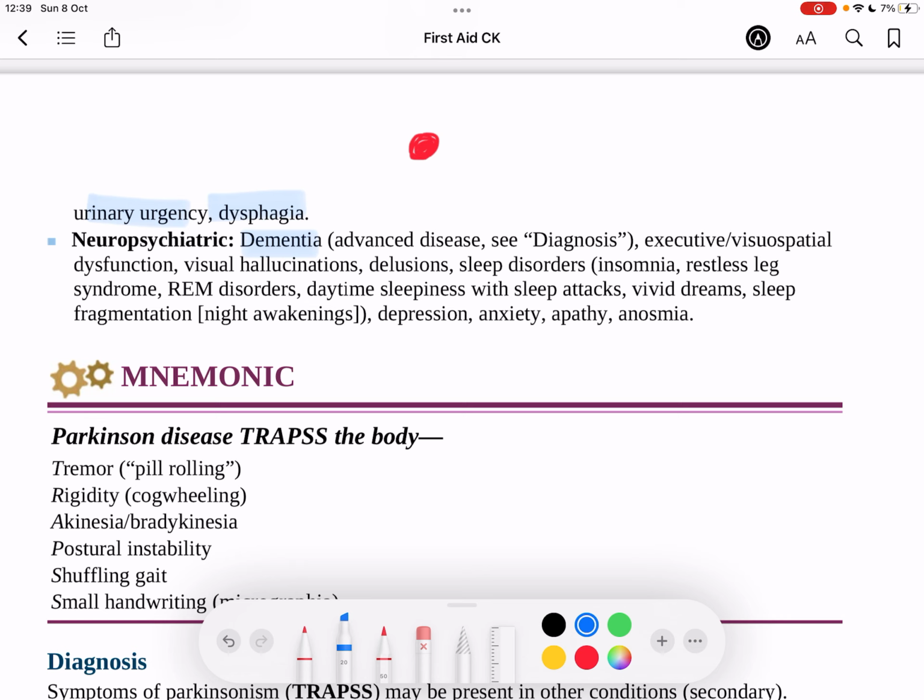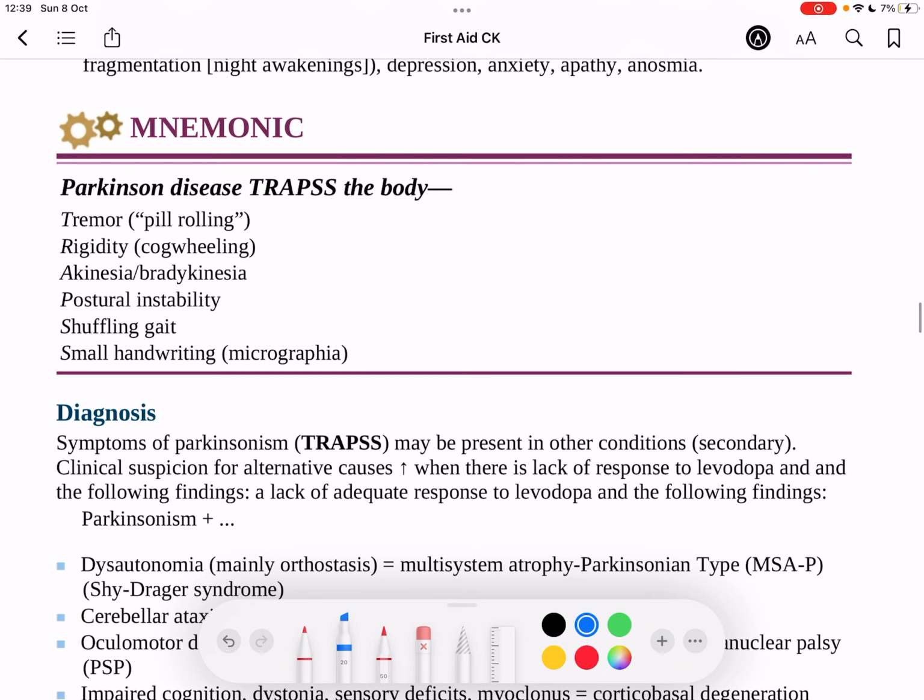Aside from dementia, we can also have executive dysfunction, visuospatial dysfunction, visual hallucinations, delusions, and sleep disorders. A lot of the sleep disorders can mimic REM disorders, and also narcolepsy, so sleep attacks, vivid dreams, sleep fragmentation, and then also things like depression, anxiety, apathy, and anosmia as well.